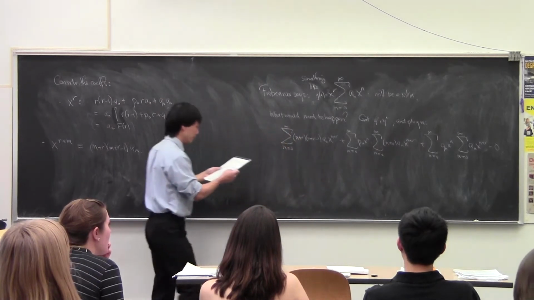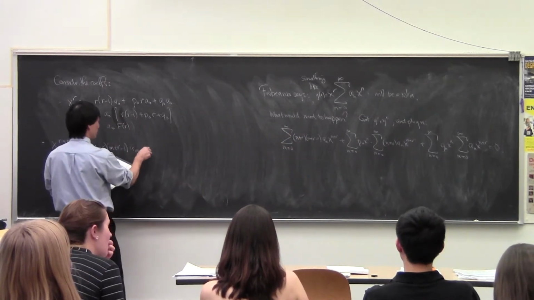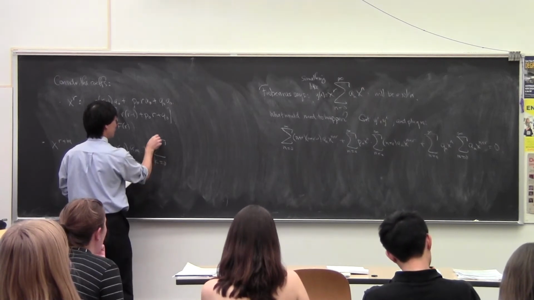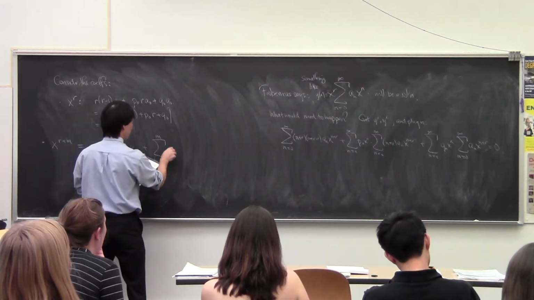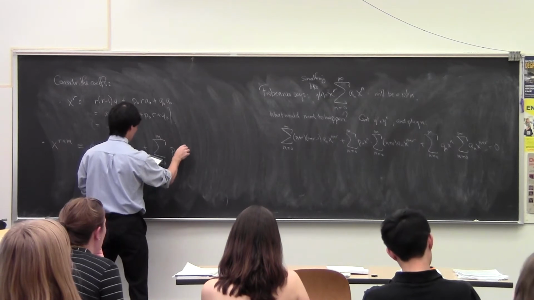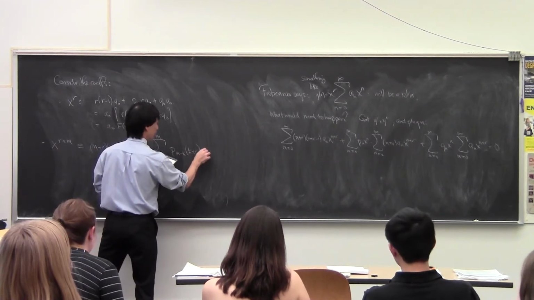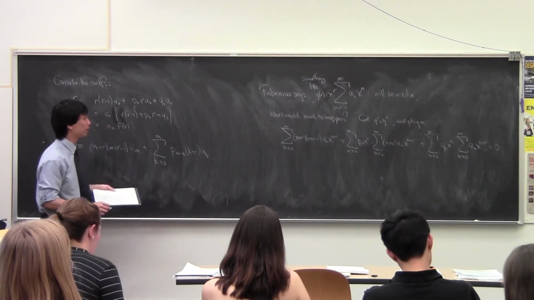And so you get something like this: summation k from 0 to m, p sub m minus k, k plus r, a sub k.